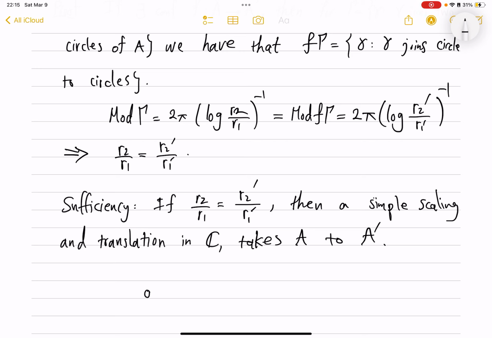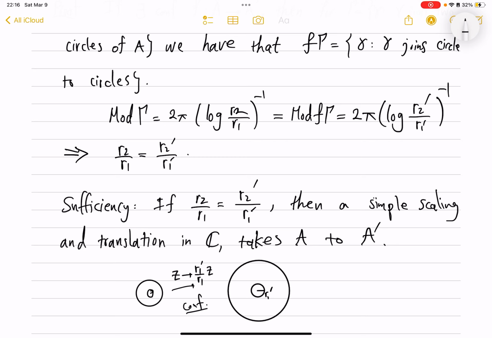So you start with this smaller annulus, then you can dilate it so that the inner circle becomes exactly the inner circle of A prime. So you multiply z by r1 prime over r1. We don't even need to assume this r1 is the smaller of them. So this is just scalar multiplication. This is conformal. And the inner circle maps to inner circle.